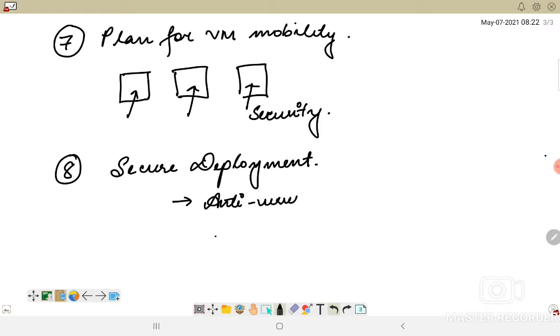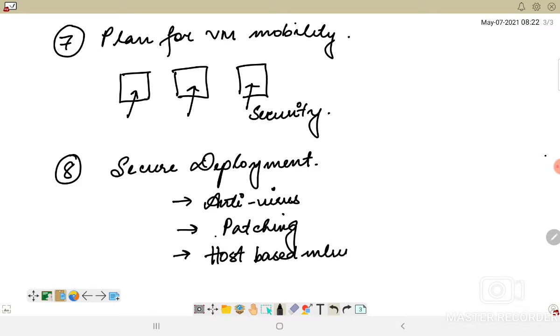Now deployment will come with a lot of physical aspects or manual configurations as well, where antivirus needs to be a very prominent component, patching, host based intrusion detection or prevention. These are certain security measures which are implemented in your physical servers.